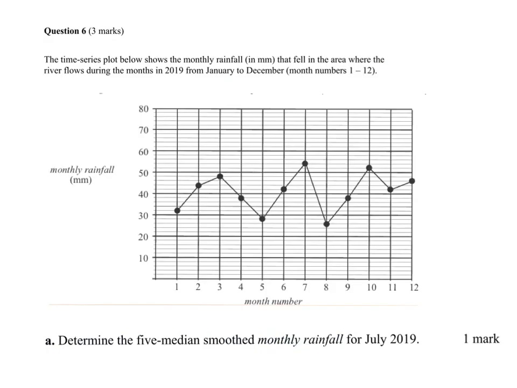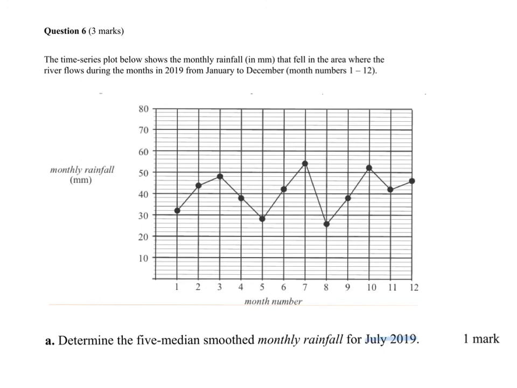The time series plot below shows the monthly rainfall in millimetres that fell in the area where the river flows during the months in 2019, January to December, months 1 to 12. Determine the 5 median smoothing rainfall for July 2019.